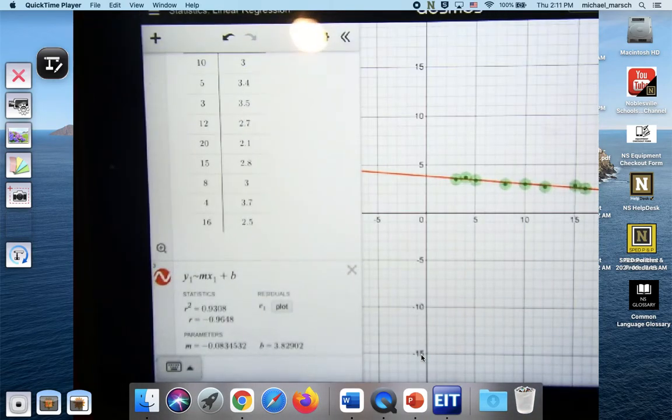Zoom out. Just don't touch the line again. You can't touch the dots. You can touch the line. All right.